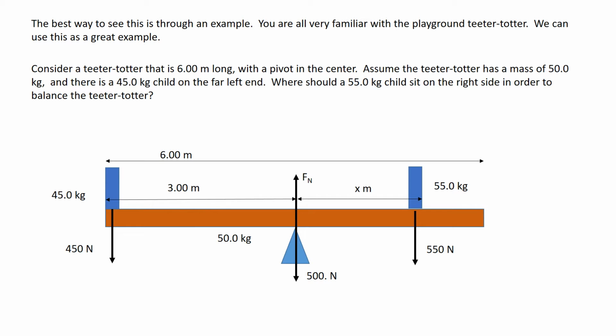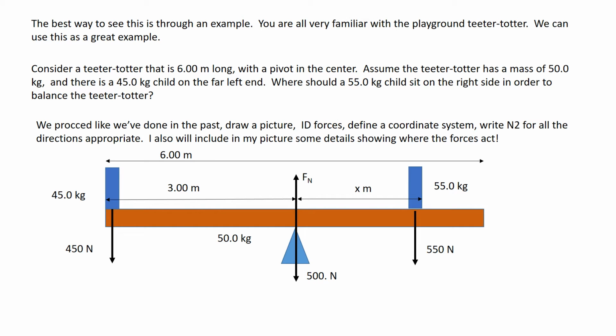I've added some dimensions so we know where things are. I have one arrow representing the length of the teeter-totter, which is 6 meters. My pivot's in the center, so I have an arrow that's 3 meters long showing where the normal force and the weight act. And then I have another arrow, x meters, an unknown quantity, figuring out where my other person has to sit.